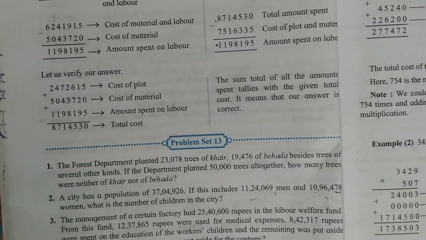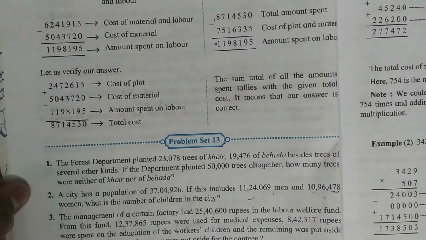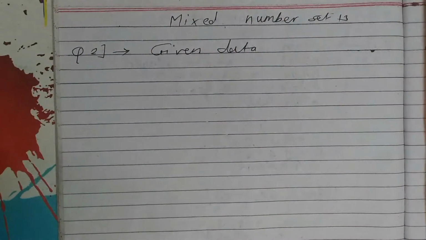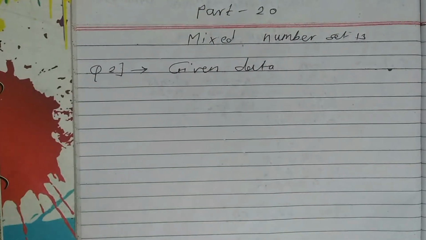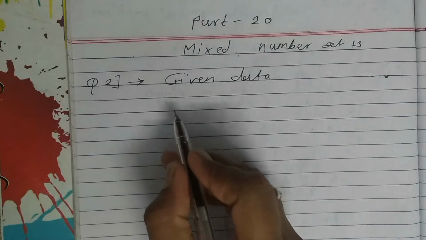So from this problem, first we'll write given data. Let us start to solve our problem. I will take given data from the textbook. So see student, here I will start given data of the second question.